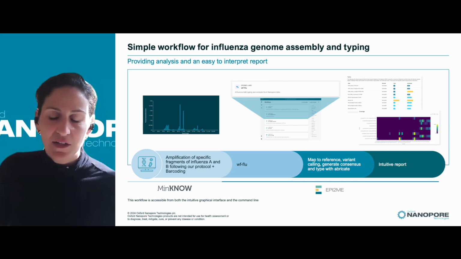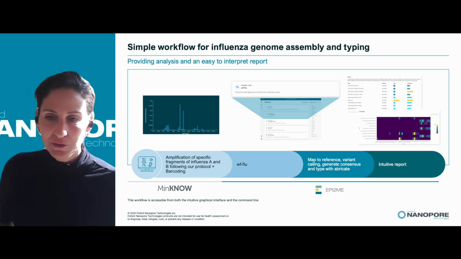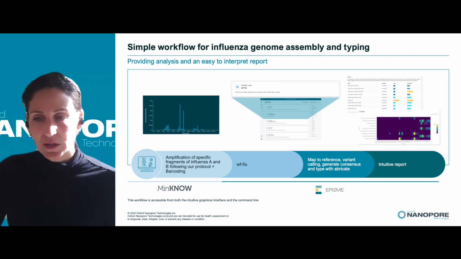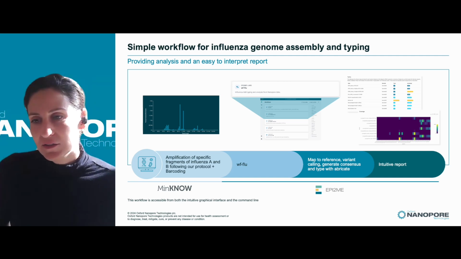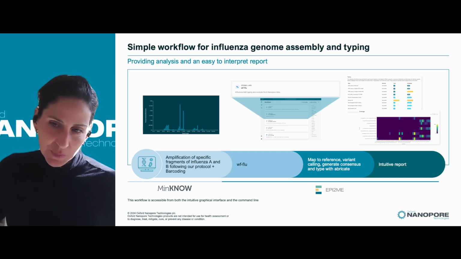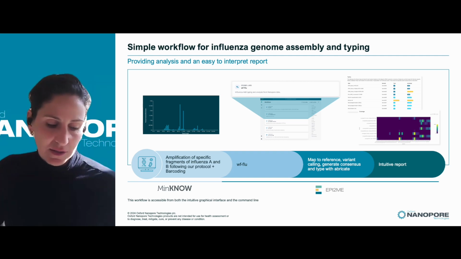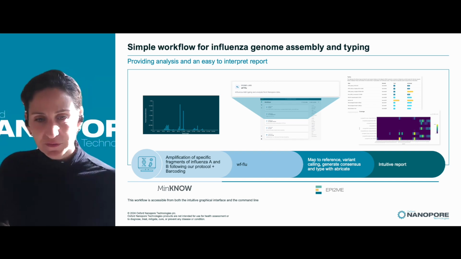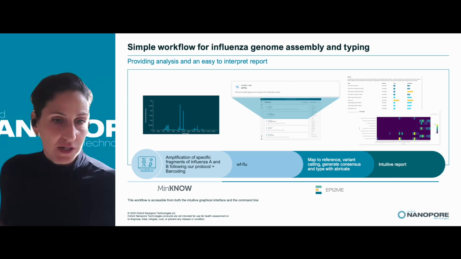We also provide bioinformatic workflows for both SARS-CoV-2 and flu that can be run through our EPI2ME software to analyze and give you human readable reports that contain things like viral typing, consensus sequencing, consensus genome of your virus, as well as potential typing.